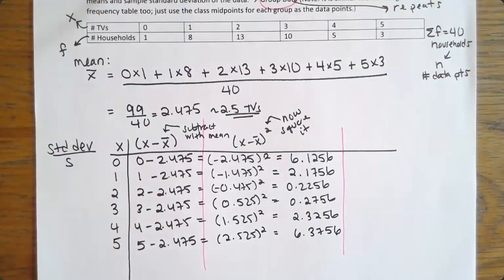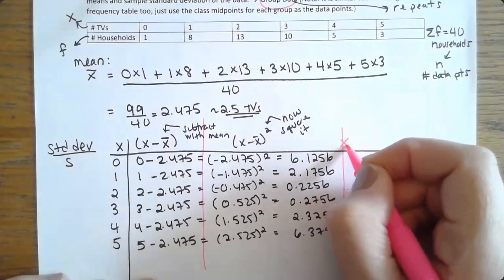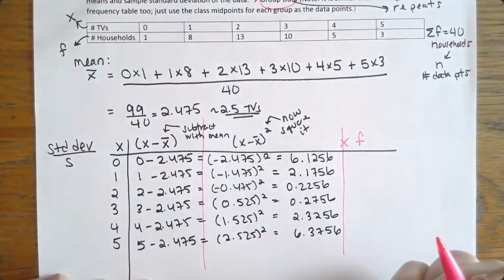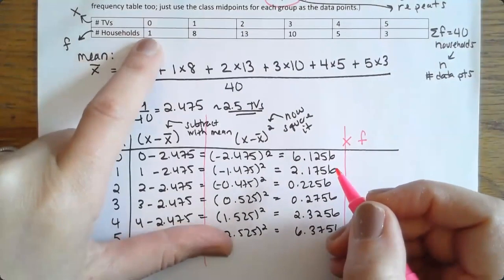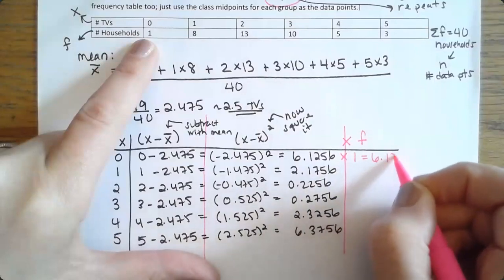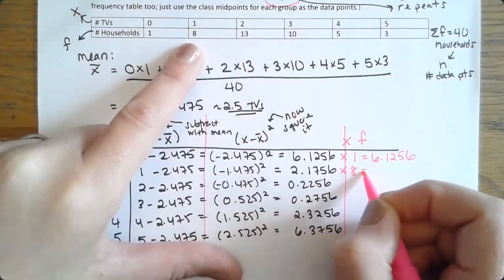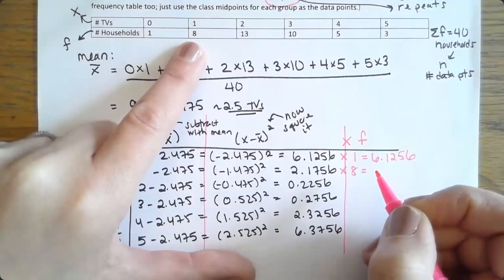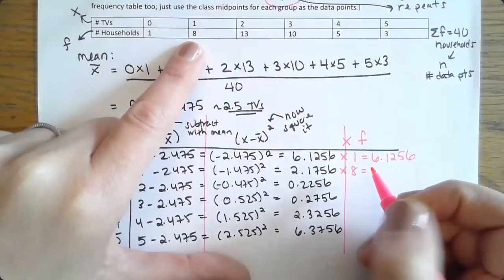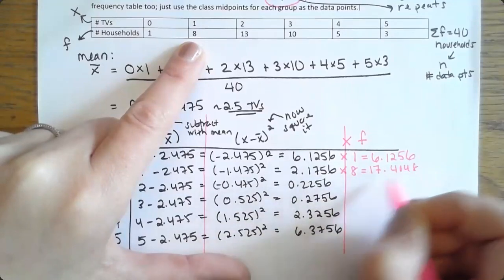So again, to save that time so that we're not writing out repeated data, we're going to use multiplication. So for grouped data, what you're going to do is multiply by the frequency in each case. So in the first one, for 0, it's just times 1. So again, you're not going to change anything there. But in the second case, you're multiplying by 8 because really I should have 8 rows of 1s. And when I do that, I get 17.4048.